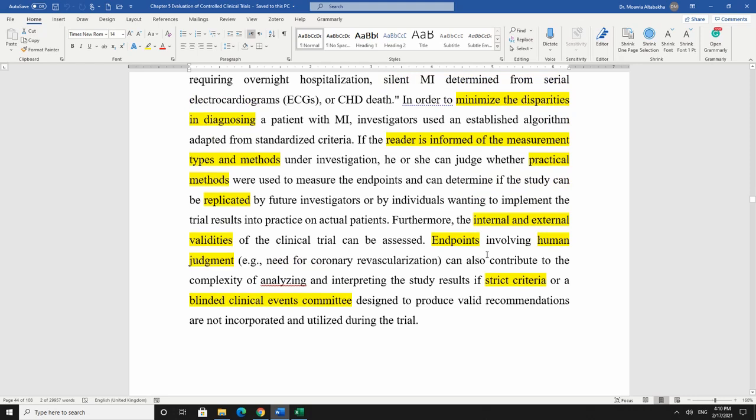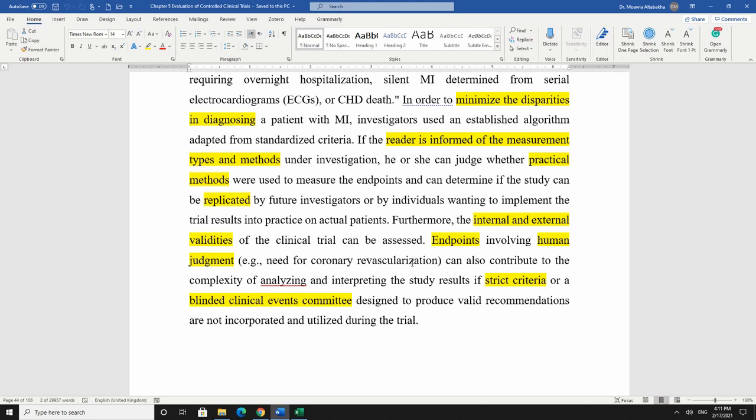For example, I want to see whether the patients will need coronary revascularization, meaning they need to put vessels in the heart, connected to the heart, and replace the old ones that are blocked, okay, or maybe a stent is enough.